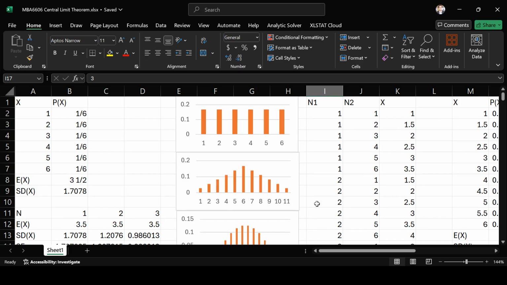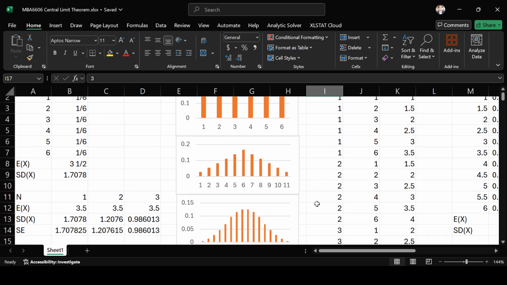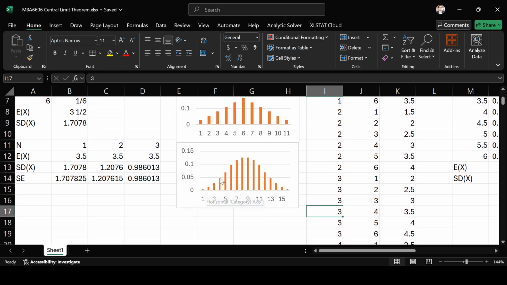So the central limit theorem is, irrespective of what kind of distribution the population has, the sampling distribution will always tend to be normal, will always be normal for a sample size of 30 and above.